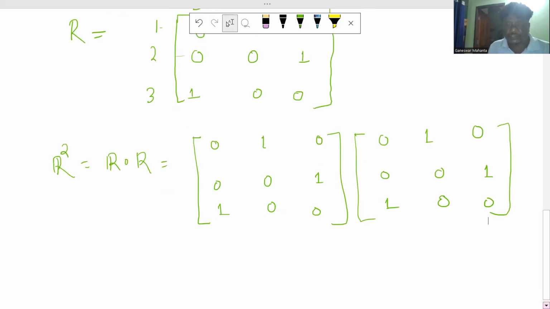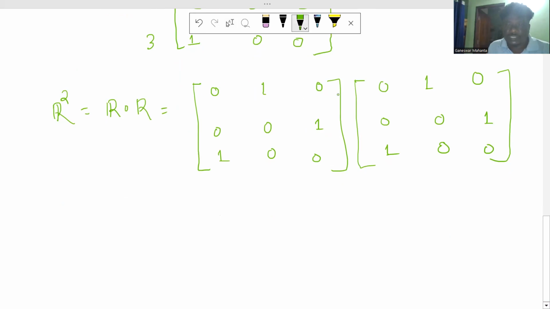What is its product? First row, first column: 0 into 0, 1 into 0, 0 into 1, so the first element is 0. First row multiplied with the second column: 0 into 1, 1 into 0, 0 into 0, that is also 0.